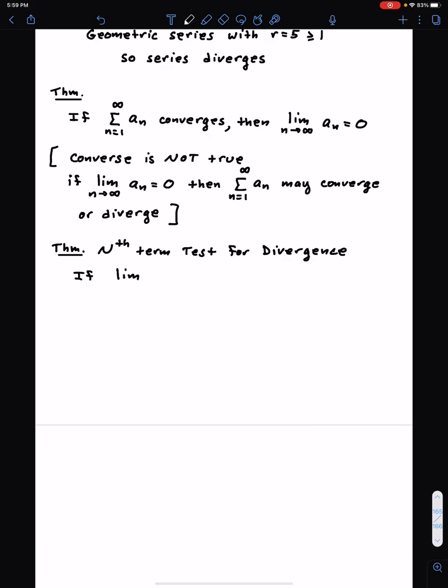If the limit as n approaches infinity of a sub n is not equal to 0, then the series from 1 to infinity of a sub n diverges.